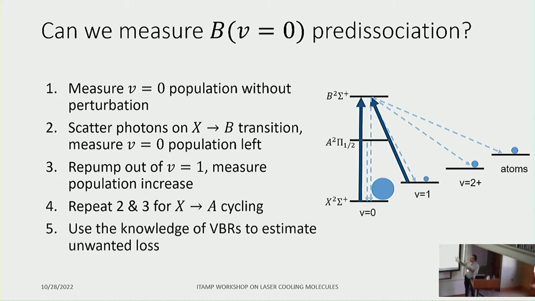So what we are trying to do here is a consistency check. If our VBRs are what we think they are, then the population distribution should be consistent. If they're not consistent, we are missing something in our estimation of VBRs. And that something is predissociation. And I mentioned that because, remember, the way we measure VBRs, we have no way of detecting fragments that come out, especially because it's a radiationless transition.